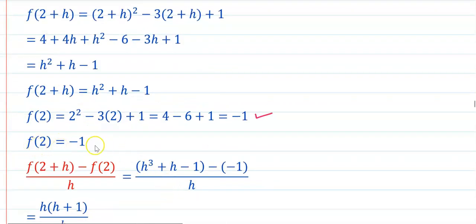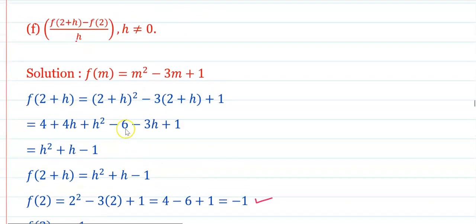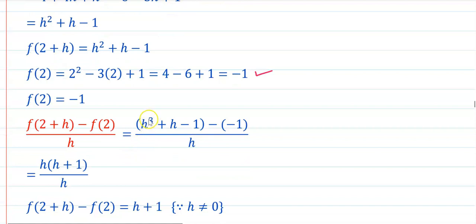Again the formula, आपल्याला ज्याची व्हॅल्यू find out करायची तो f of 2 plus h minus f of 2 upon h. That is h square plus h minus in bracket minus 1. That minus and minus will become plus.